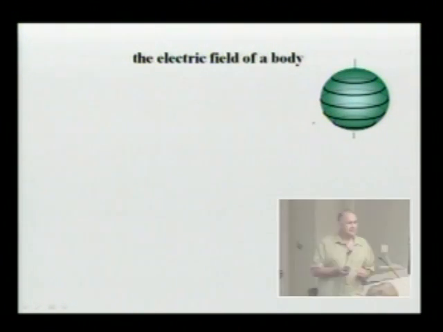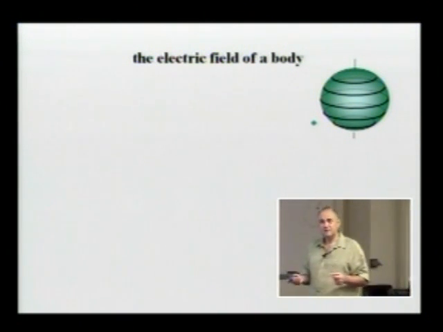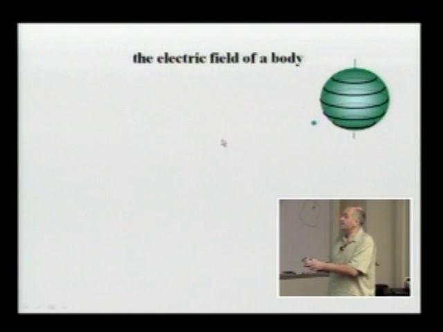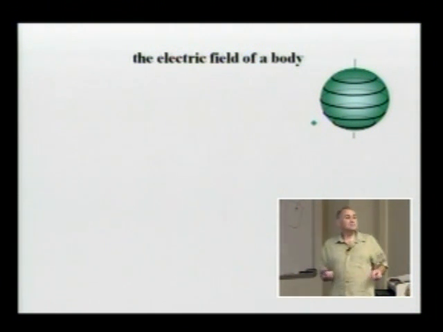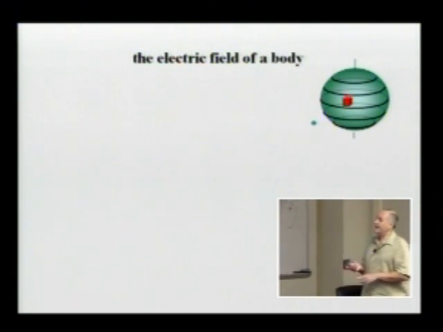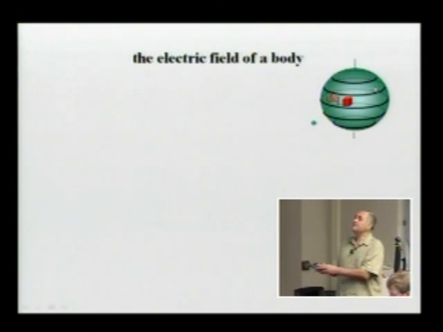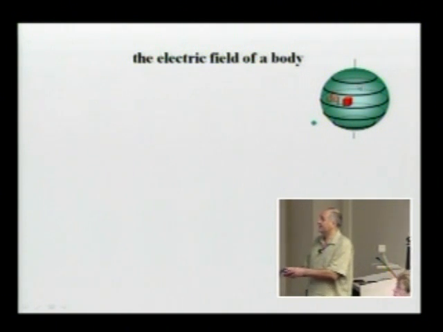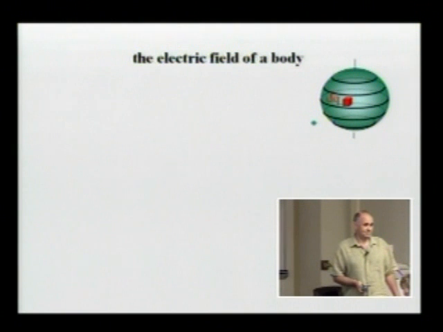So if we have a large object which contains zillions of particles, and I want to find out the electric field at a particular location, rather than doing it particle by particle, we divide the object into tiny pieces. Note that if this object contains zillions of particles, that piece will probably contain billions of them.